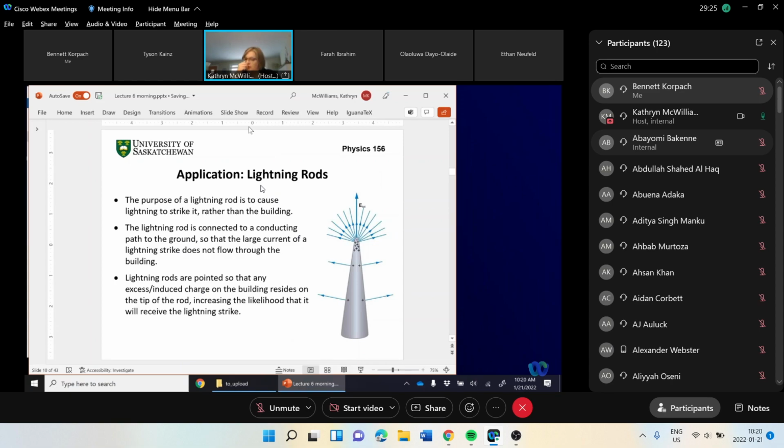One application of this is lightning rods. You might think of them as a cylinder, but essentially they're kind of conical shaped, and any excess charge sits on this really tightly curved top portion here. So we've got a strong electric field here.